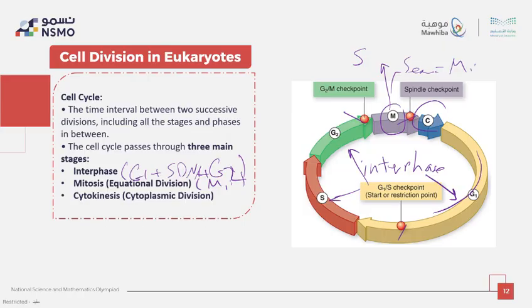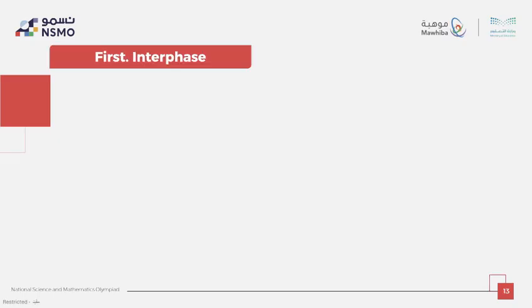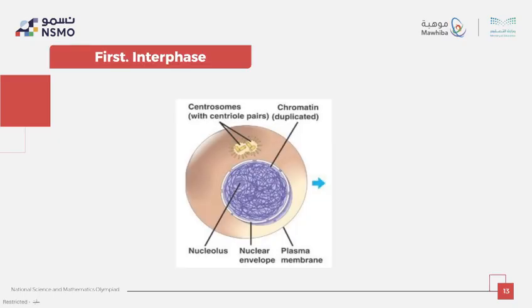Okay, we said cell division in eukaryotes has three stages: interphase, mitosis, and cytokinesis. And now we will talk about interphase. Interphase is the longest phase. The cell grows and duplicates its DNA in preparation. And look at the chromatin in the picture.